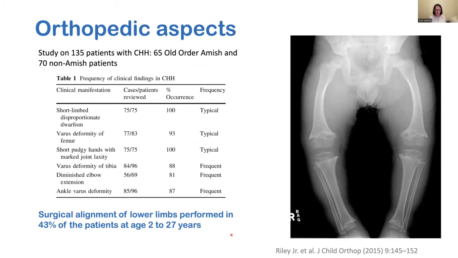And the main finding was maybe that there are many typical features, especially the varus deformity of the tibia and the ankle varus deformity. And they mentioned that surgical alignment of lower limbs was performed in 43% of the patients by young adulthood. But there are not really very many other orthopedic studies, but that's our impression as well among our patients, that the varus deformity is the main problem.